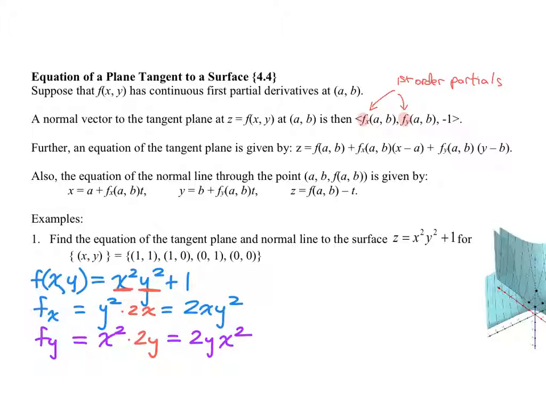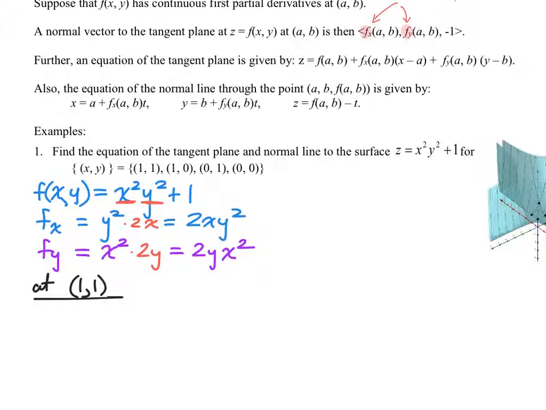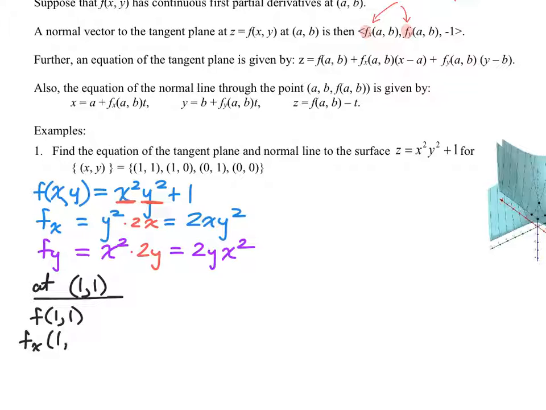So now I want to tackle my tangent planes. So at 1, 1, I'm going to find my different components. All right, so I need f of 1, 1, first order partial with respect to x at 1, 1, first order partial with respect to y at 1, 1.